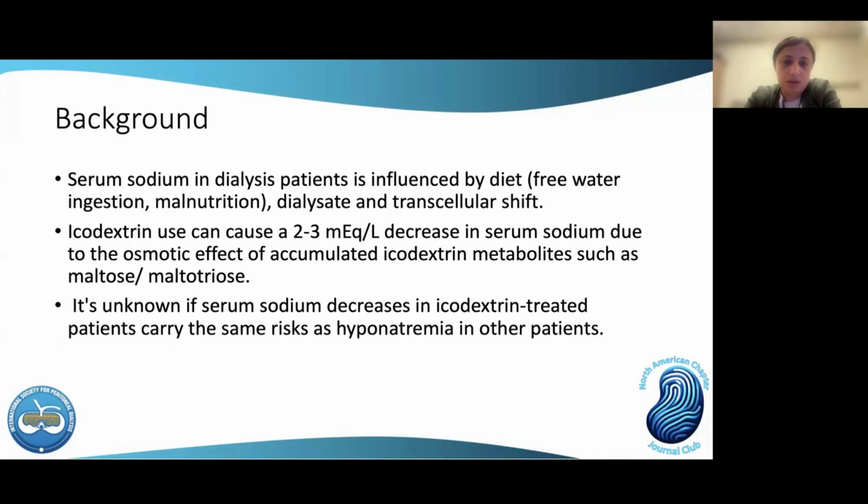It's because when icodextrin metabolites such as maltose and maltotriose accumulate in the body, they can cause isoosmotic hyponatremia. We don't know whether the decrease in serum sodium in icodextrin-treated patients carries the same risk as hyponatremia in other patients, which is hypoosmolar hyponatremia.